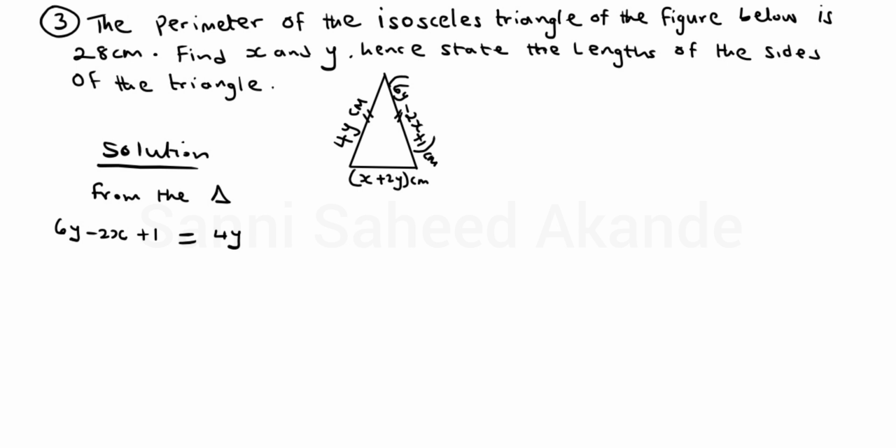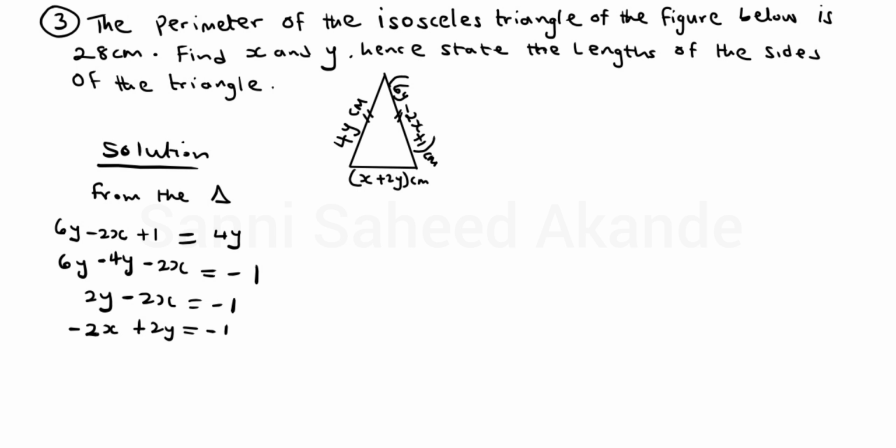Now let's solve this further. So we have 6y minus 4y minus 2x equal to minus 1. Then 6y minus 4y, that will give us 2y minus 2x equal to minus 1. Or you can write it as, if x should come first, minus 2x plus 2y equal to minus 1.